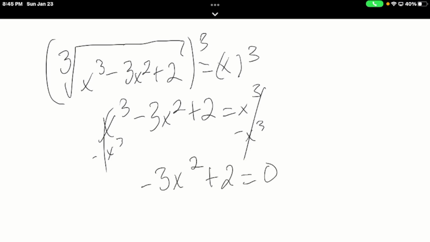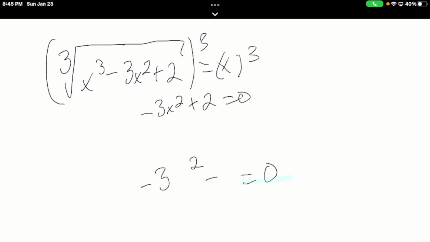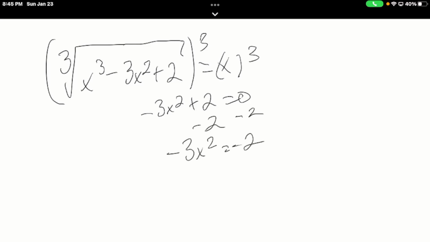Okay, from here, it's simply just solving a quadratic like we do normally by just solving for x. Okay, so I'm going to rewrite it up here so I have room. So now I just want to get x by itself. I'm going to subtract 2. So I get negative 3x squared equals negative 2.